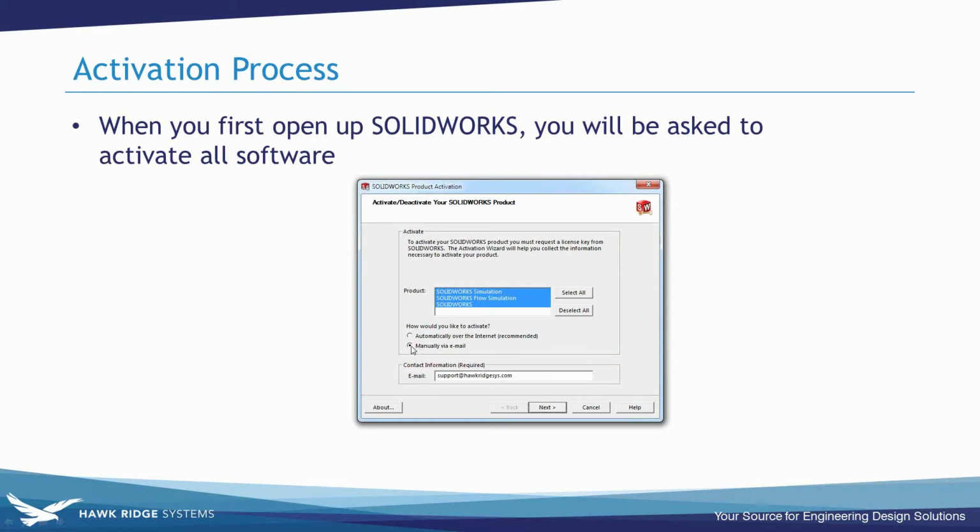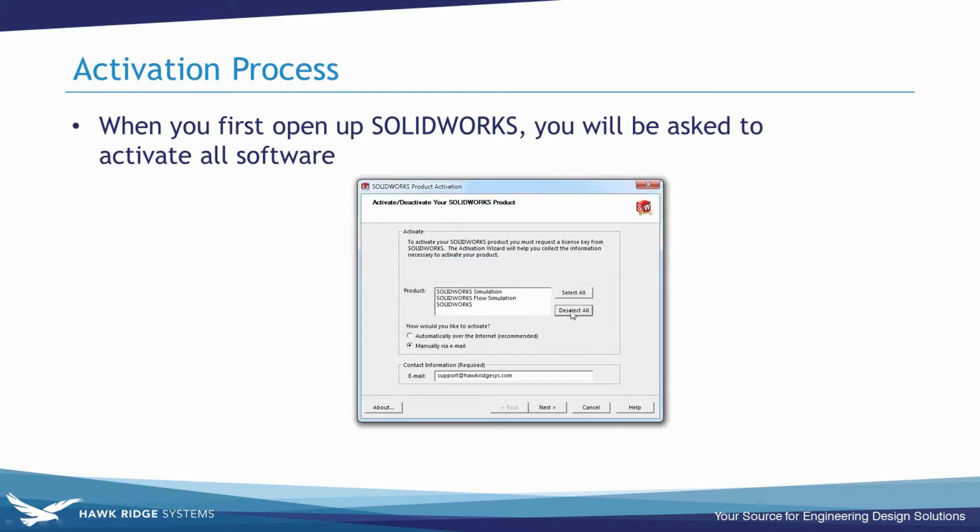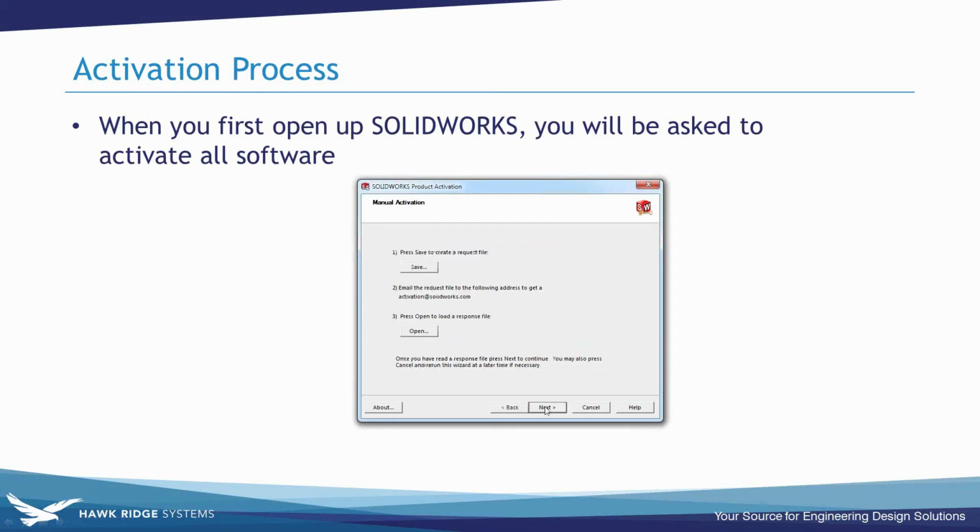Now, if you choose this option, you can only activate one product at a time. So if I decide to select all, you'll get an error message saying you have to only do one item for the manual activation. So I'll deselect all of the choices and I'll just select SolidWorks. I'll select next. And with the manual activation, users who don't have internet on their computer tend to use this option.